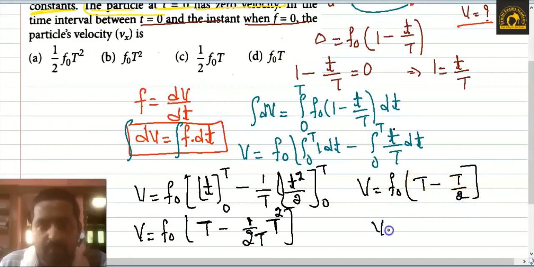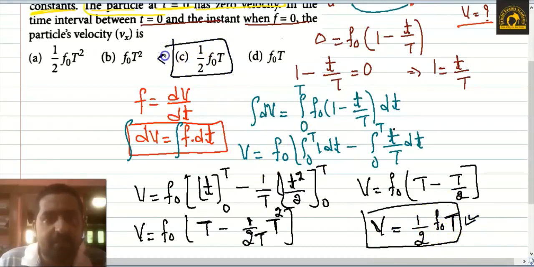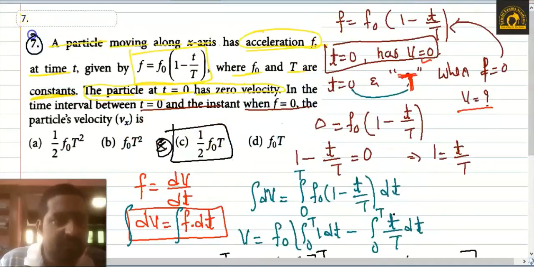So v is equal to T minus T by 2, which is 1 by 2 f naught into T. This is the answer: the velocity is equal to 1 by 2 f naught T. Which option is matching for this question? Option C is matching for this 7th problem. C is the correct answer.